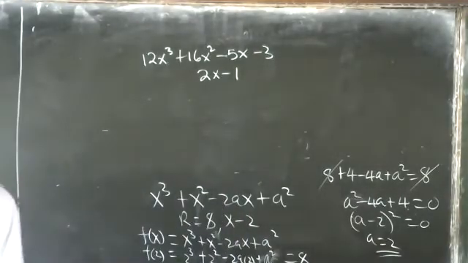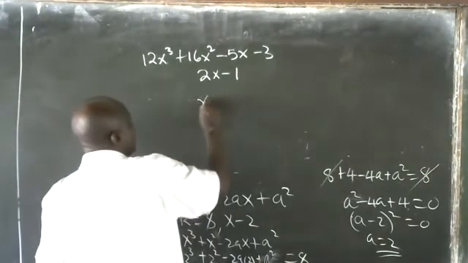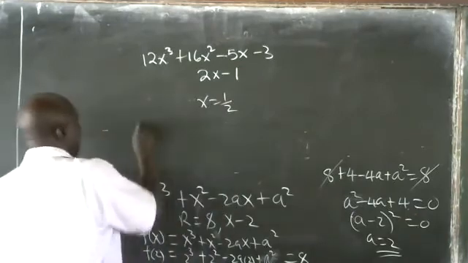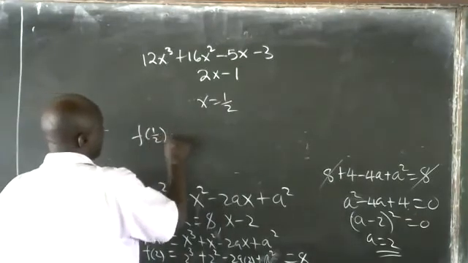Divisible means the remainder is 0. So just equate the divisor to zero and x is equal to a half. And then you try f(a half).